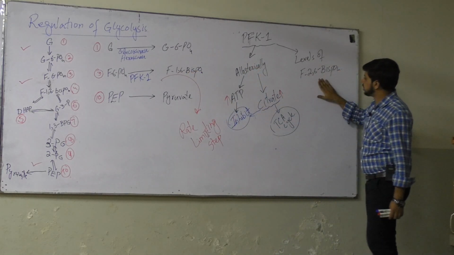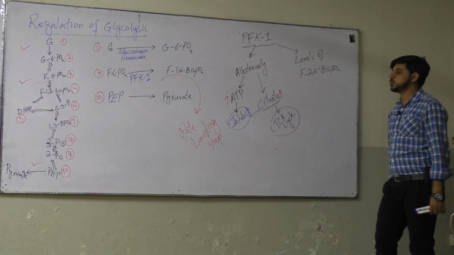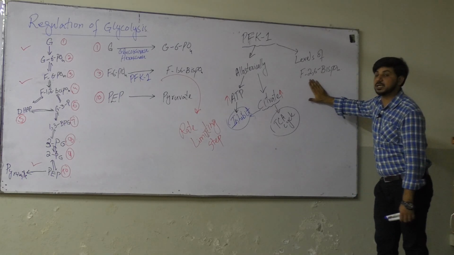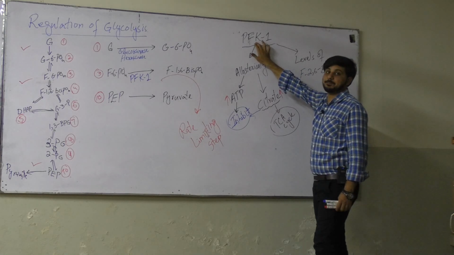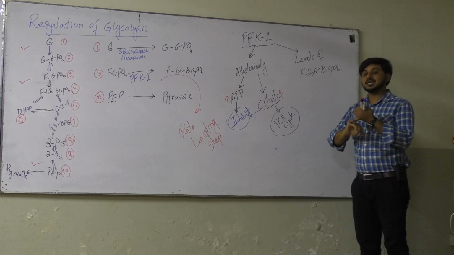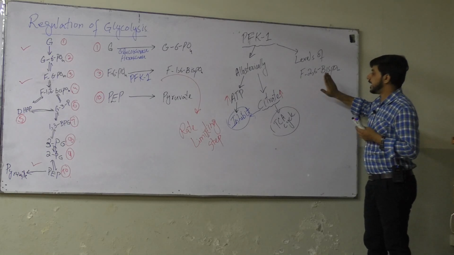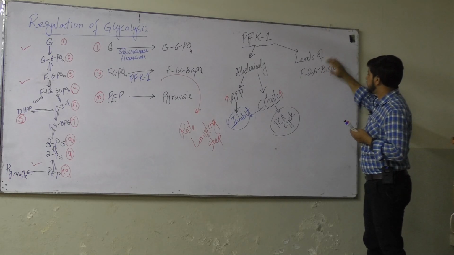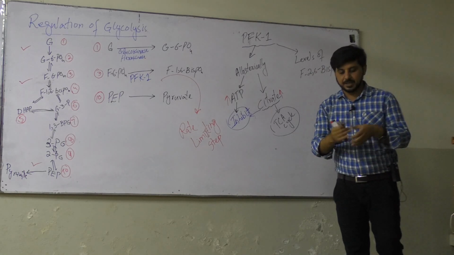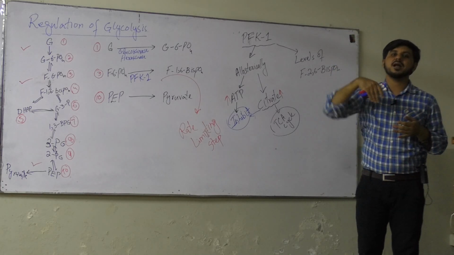And the second factor in the regulation of this enzyme's activity is the levels of fructose 2,6-bisphosphate. This fructose 2,6-bisphosphate is a potent activator of this enzyme, and it is a potent inhibitor of the gluconeogenic enzyme at this point. So this one is very important, and fructose 2,6-bisphosphate will work whether the ATP levels are lower or higher.